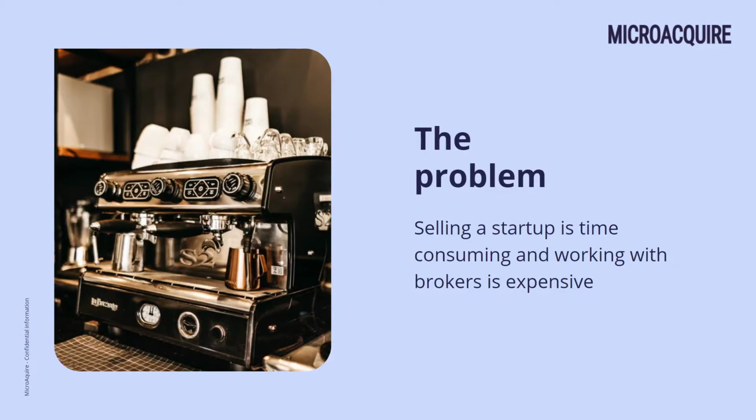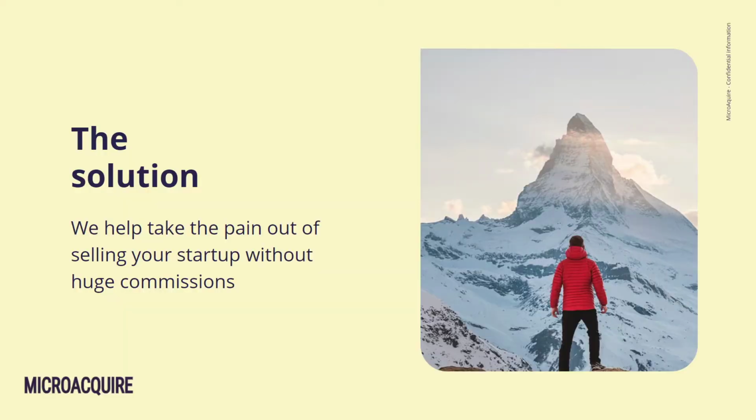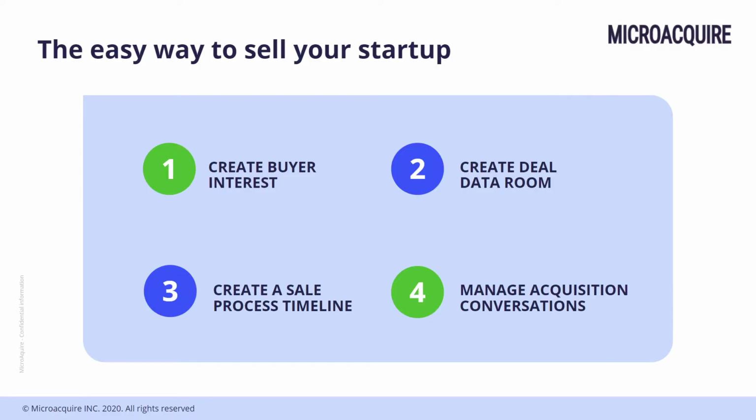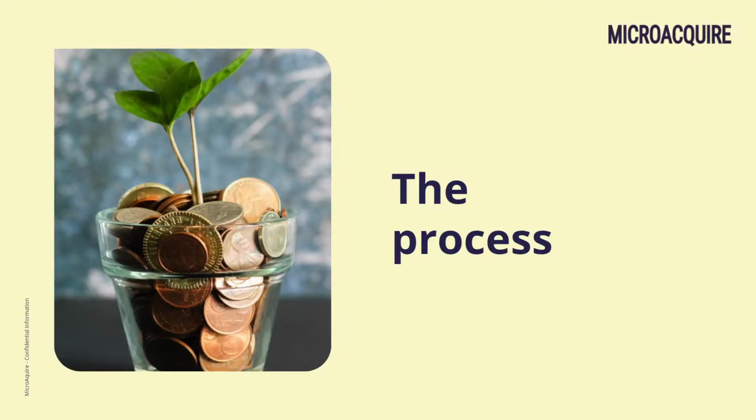The problem, selling a startup is difficult. The solution, we take the pain out of selling your startups without huge commissions. And the easy way to sell your startup is create buyer interest, create a deal room, create a sales process timeline, and then manage those acquisition conversations as they come in.